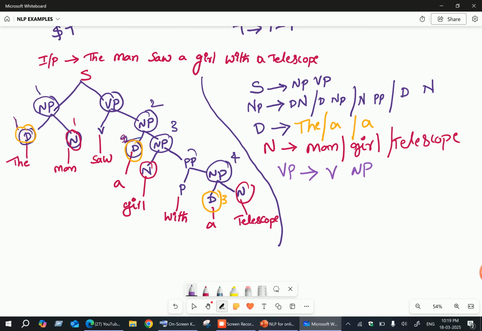Now you can cross check, is there anything left over? Yes, of course, preposition phrase and preposition are left over. Now you can write the grammar for preposition phrase. So that is P and NP. Now you can write the grammar for P. So that is with. And also one more left over, that is verb.